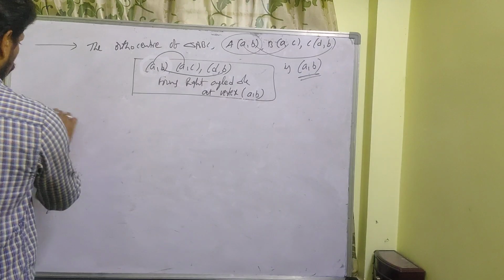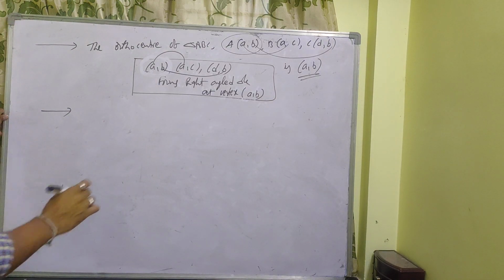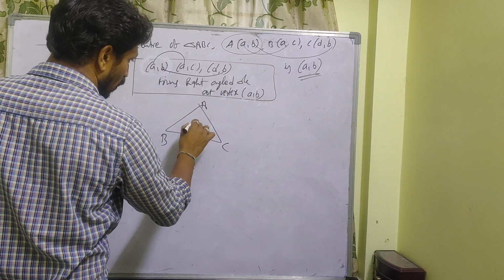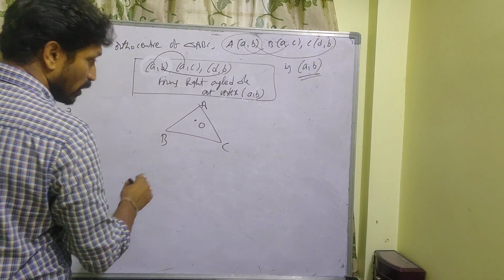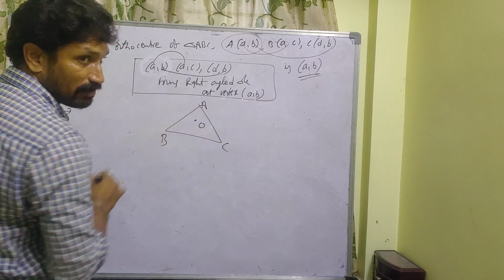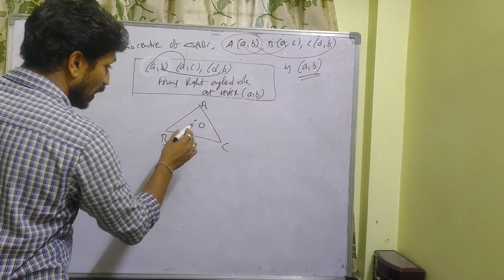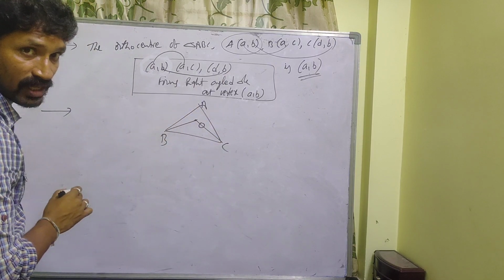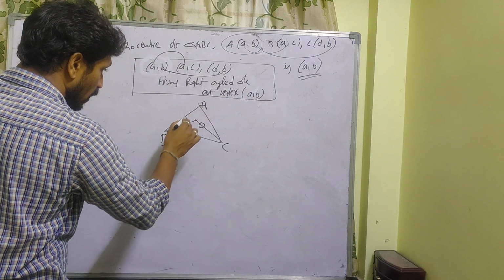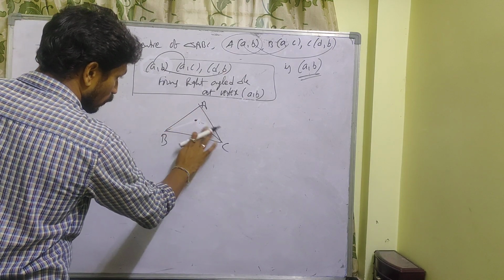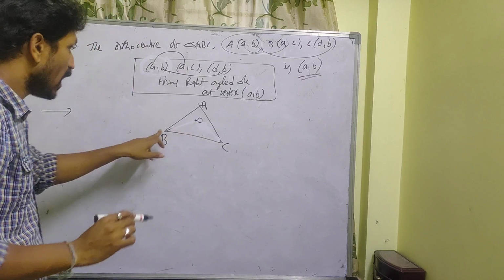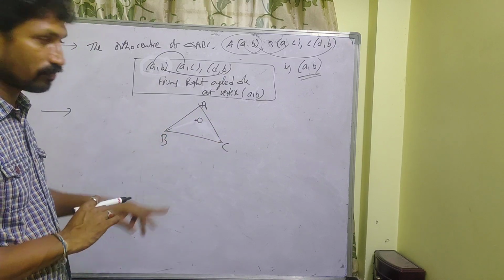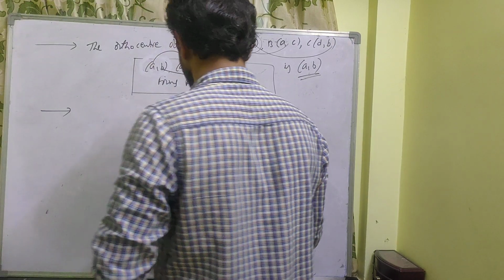Next one is, whatever it may be, take this triangle ABC and this is the orthocenter. If O is the orthocenter of triangle ABC, then the orthocenter of triangle OBC is A, the orthocenter of triangle OAB is C, and the orthocenter of triangle AOC is B. Once I will explain here clearly.